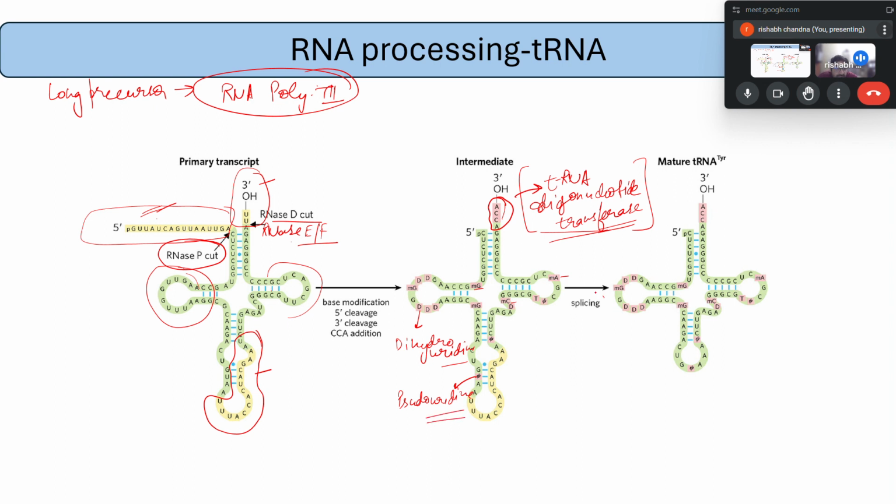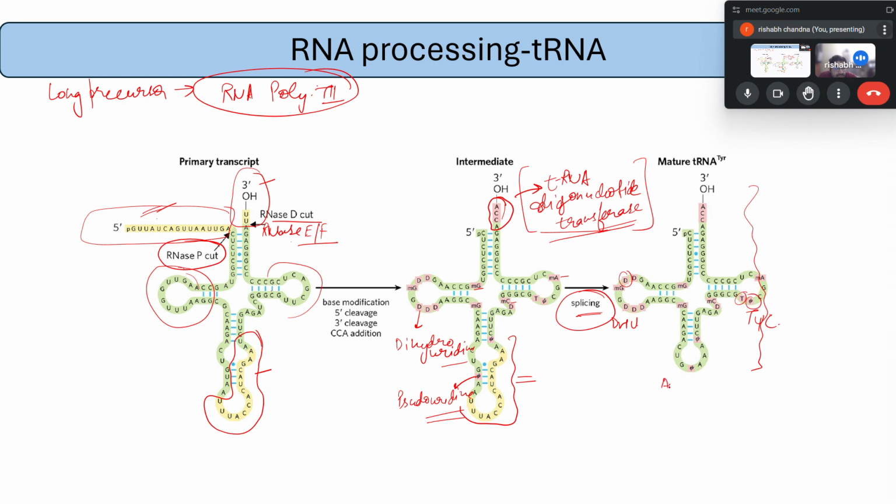Now splicing happens for this particular anticodon loop, that recognizes the anticodon. This particular intron is removed by a different splicing reaction, and this is the mature tRNA formed. So this loop is called the DHU loop because the dihydrouridine is there. This is the T-psi-C loop, because here thymine and pseudouridine are there.